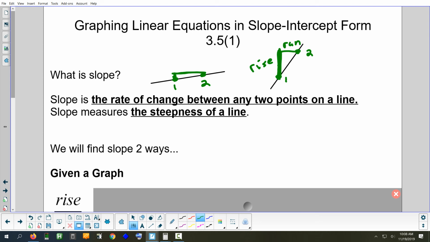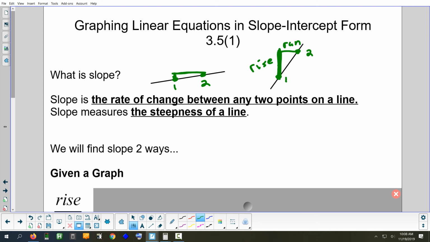Okay, if you've ever helped somebody put stairs in, when you put a set of stairs in, there's things called risers. The riser is the vertical part of the stair. The tread is what you step on. That's the tread. So there's the tread, and then there's the riser. The riser goes up and down. Okay? So in a set of stairs, rise is vertical.